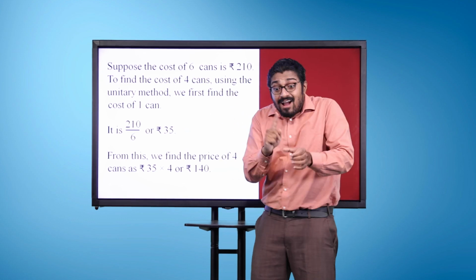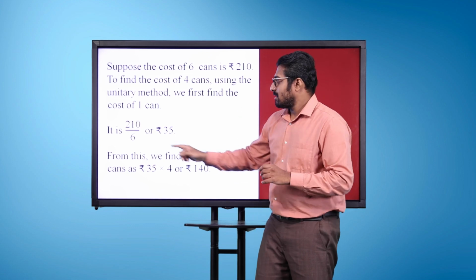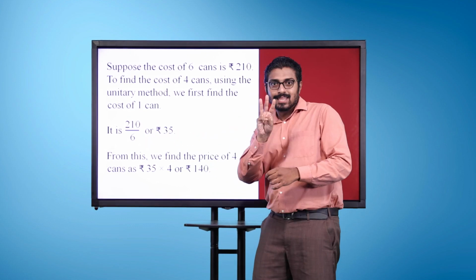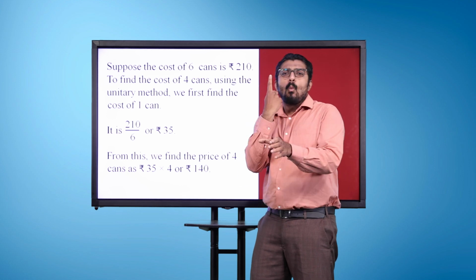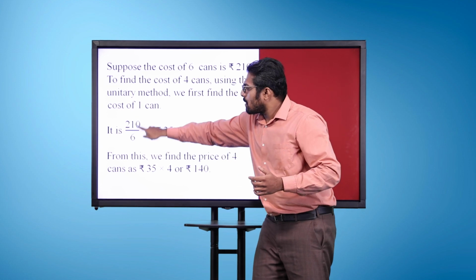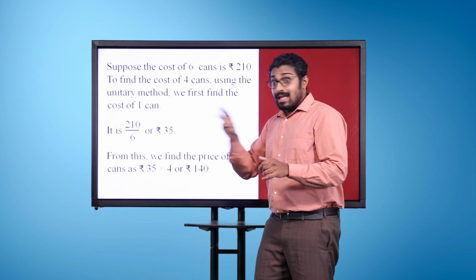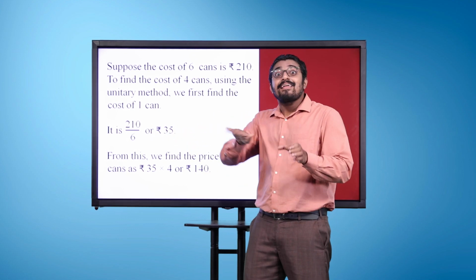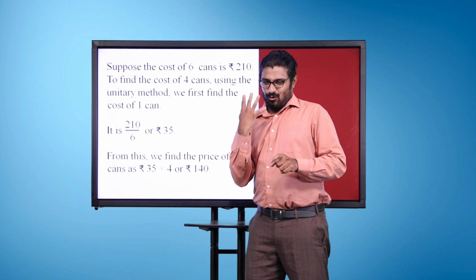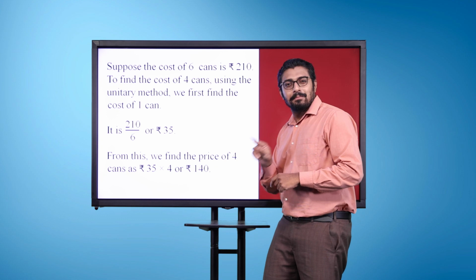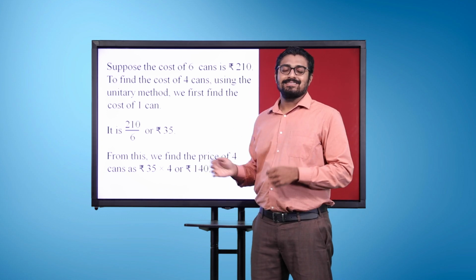It is 210 divided by 6 rupees or 35 rupees. From this, we find the price of 4 cans as 35 multiplied by 4 rupees or 140 rupees.